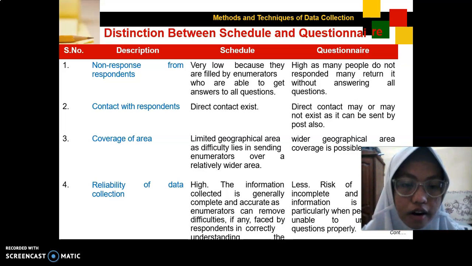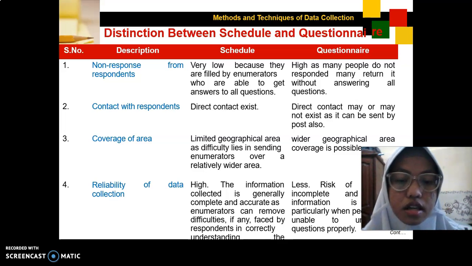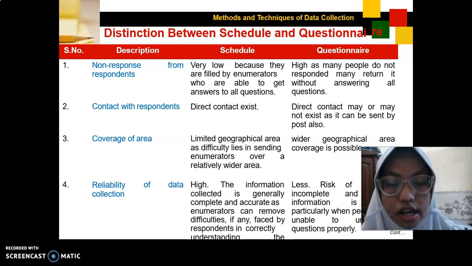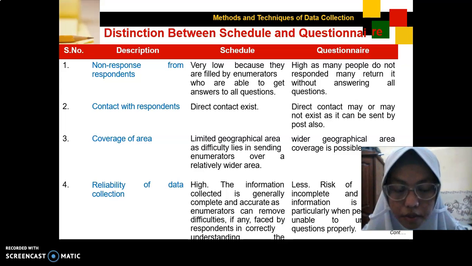Another is coverage of area. In schedule, limited geographical area, as difficulty lies in sending enumerators over a relatively wide area. But in questionnaire, wide geographical area coverage is possible.